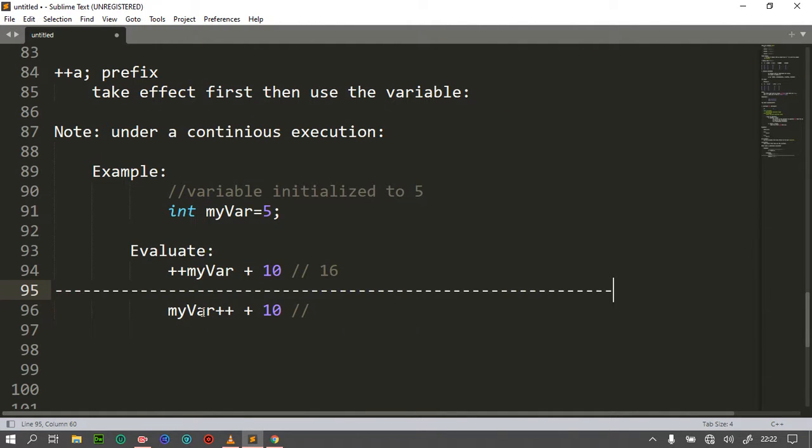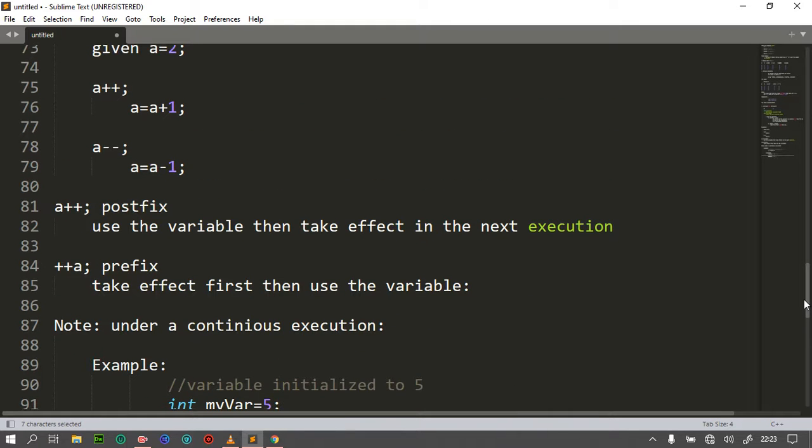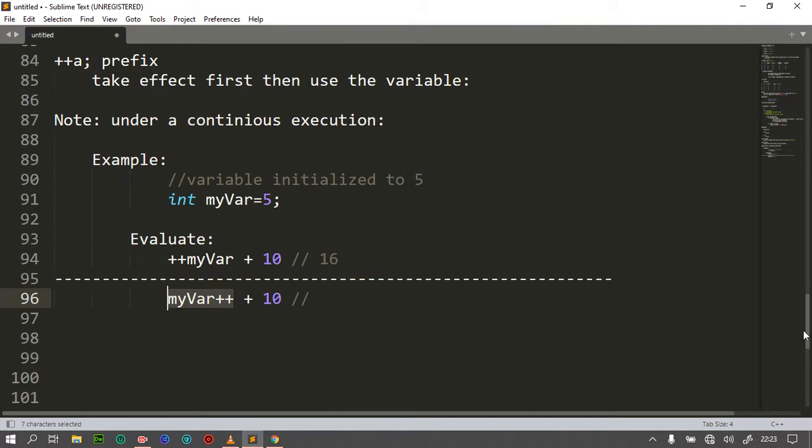Still considering the same, if it's a postfix increment, then it means that we shall first use the variable, then take effect in the next execution. So what does it mean? If we still consider the value of 5 in myVar, then plus 10, definitely this one is going to be 15. Hope guys we are okay. I'm really giving this a lot of time for guys to understand.